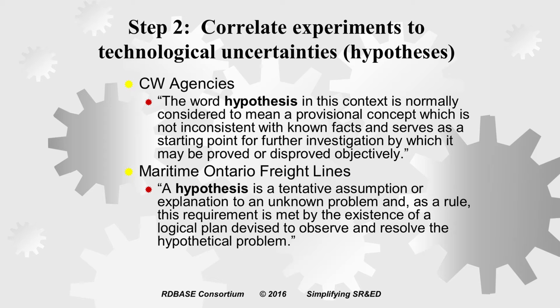The crux slide, hypothesis. How do we define a hypothesis? How do we show technological uncertainty? So in a different case, CW Agencies, the judge says the word hypothesis is normally considered to mean a provisional concept, not inconsistent with known facts, that serves as a starting point for further investigation by which it can be proved or disproved objectively.